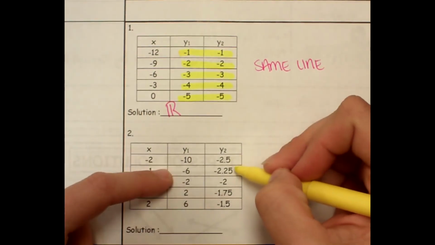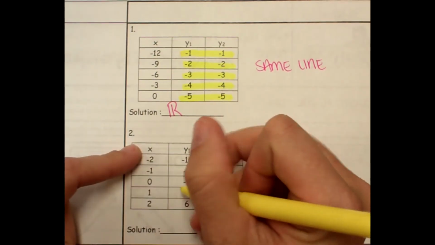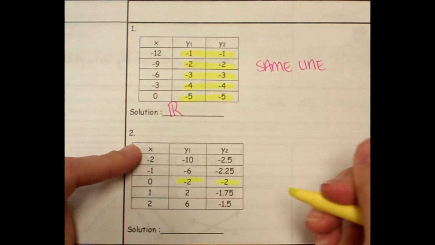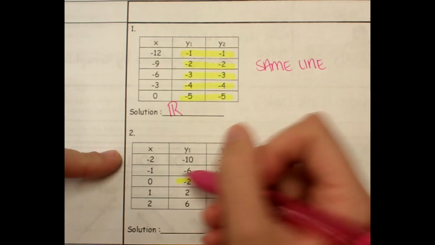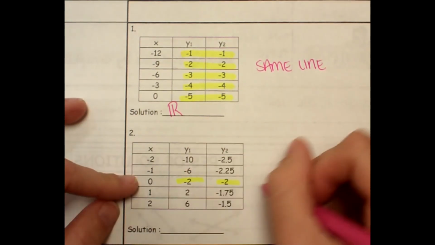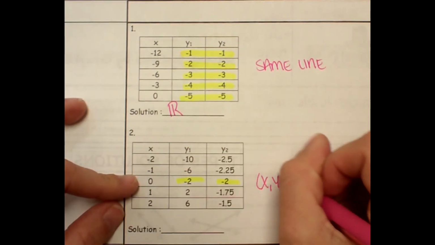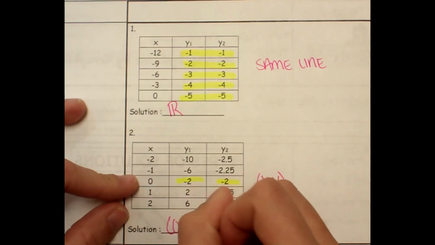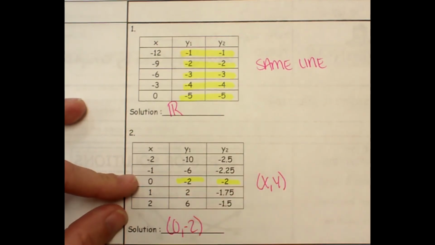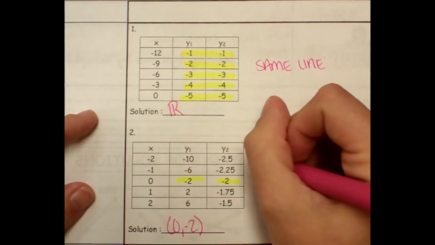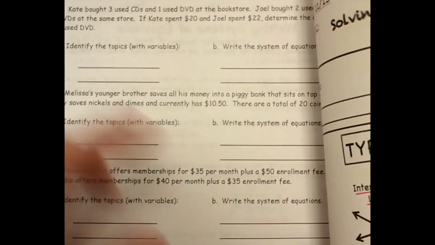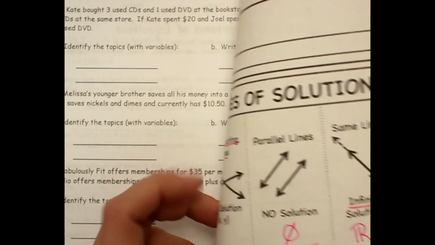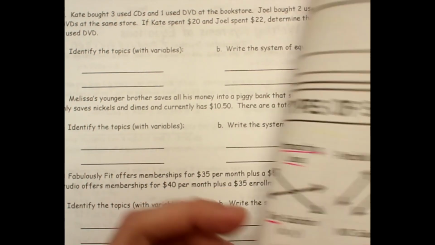These y's don't match, these y's don't match, but look, here, these y's match, those don't, those don't. It looks like we have 1 solution right here. So remember, your point is x comma y, so you're just going to do 0 comma -2. That's your solution. So these are not the same line. They're not parallel. They are intersecting lines. If you look at the front, it has all your notes right there.